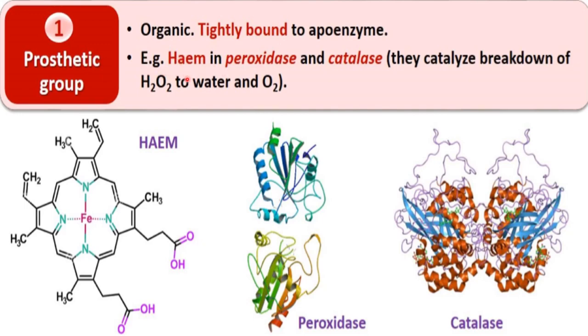As you can see here in the structure, this heme is a prosthetic group. Peroxidase and catalase catalyze breakdown of H2O2 to water and oxygen, and in both of these, heme is a prosthetic group.